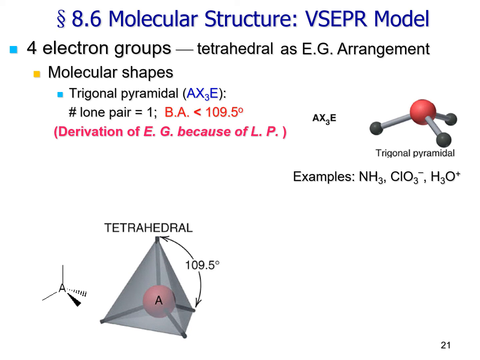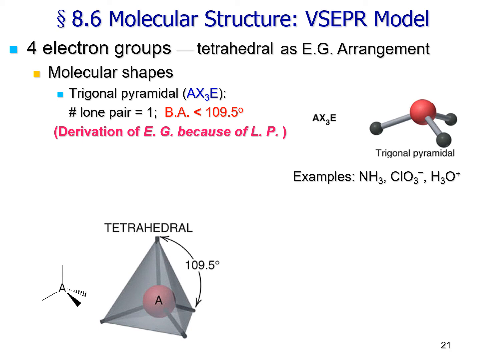That is because of the one lone pair, and the bond angle must be less than 109.5 degrees, about 2 degrees less than its typical bond angle. Molecules like ammonia, ions like hydronium, H3O+, or chlorate will have this geometry.